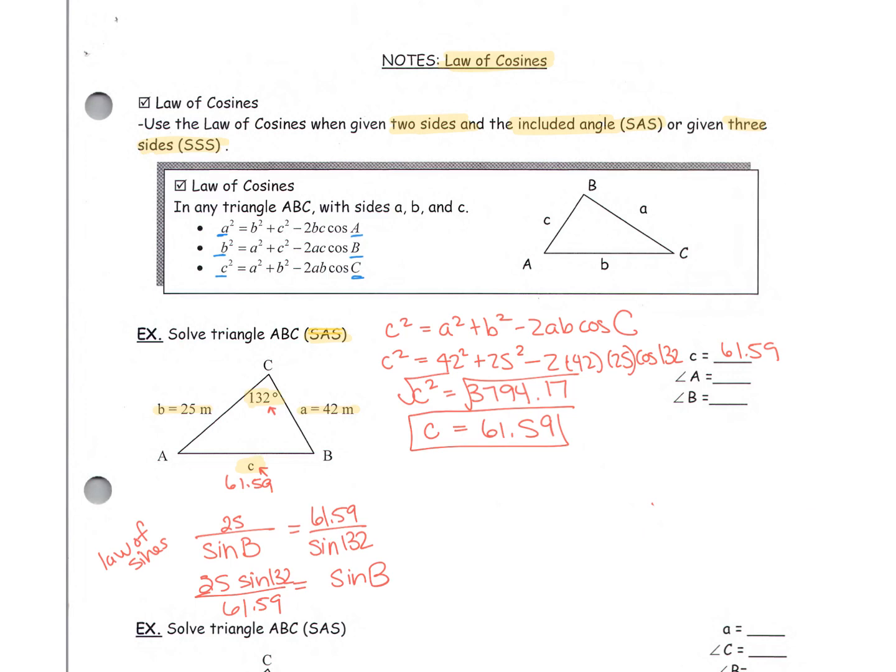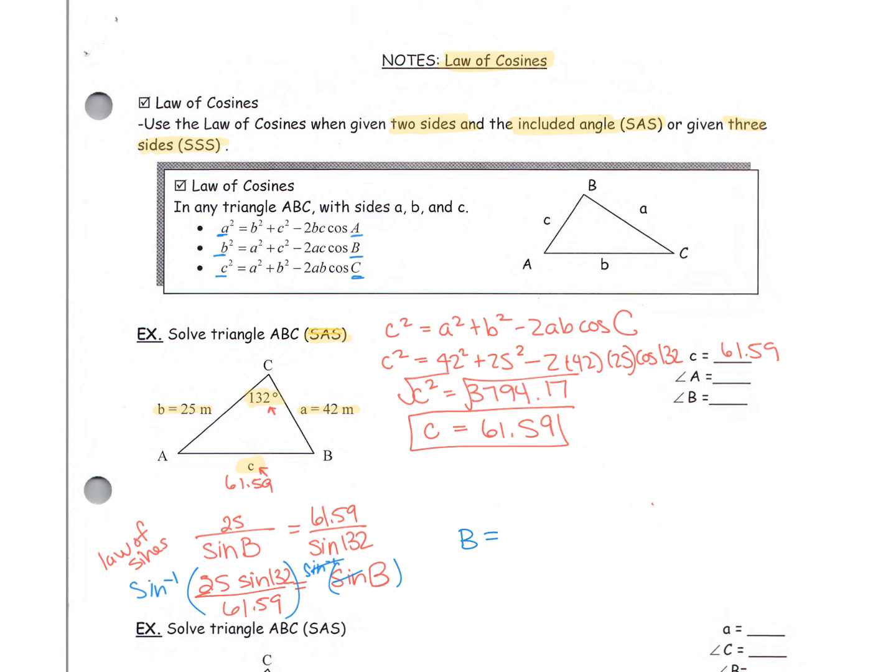So now I need to solve for b. You might remember if I need to cancel sine, I'm going to do sine inverse. But what I do to one side, I have to do the other side. So when I do sine inverse, I just get my capital B equals. Now I'm going to very carefully on my calculator do the 25 times sine of 132.